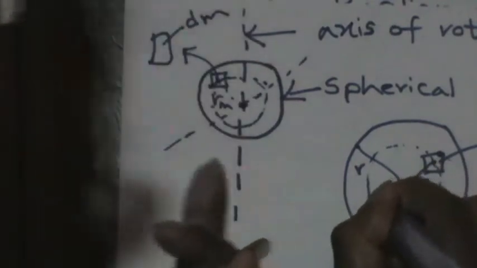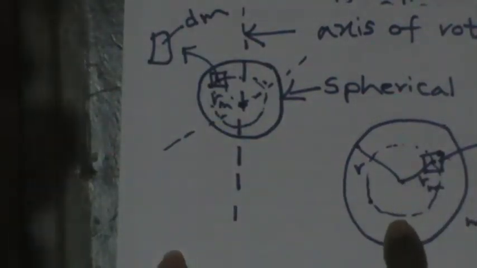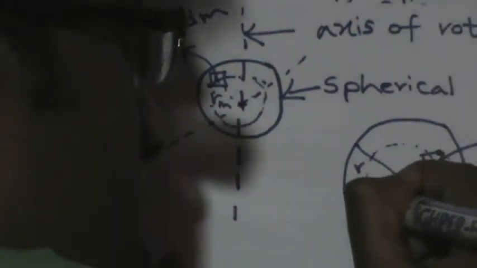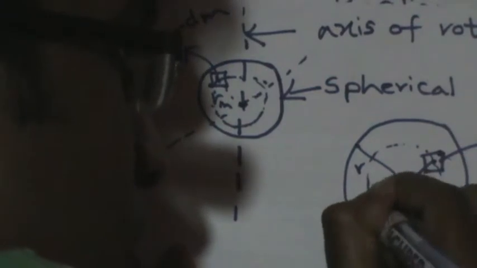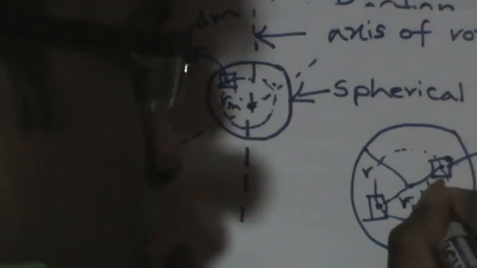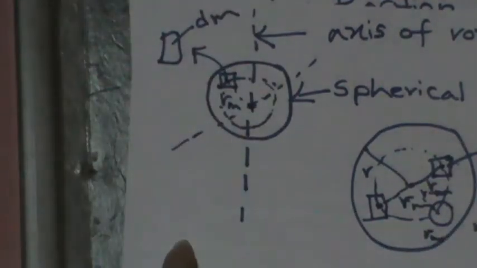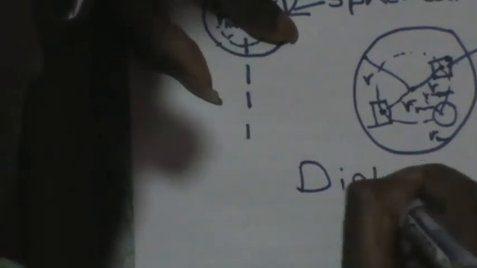Say I take a point here, which also has distance Rm. I take another part like this, with Rm, and another part like this. So the distribution is important.